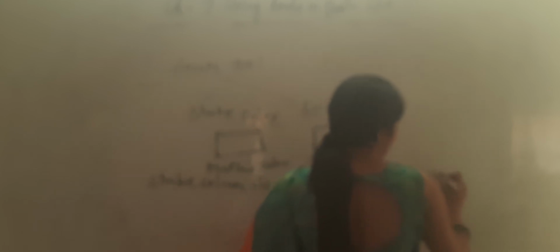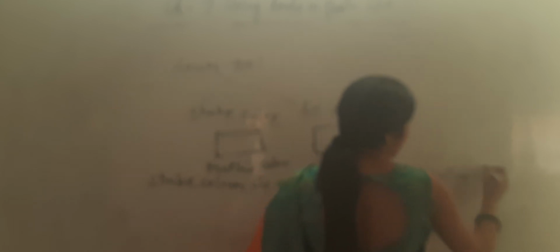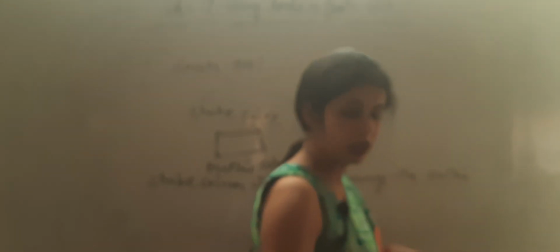So stroke color is used to change the outline color. What are we going to change here? The outline color.